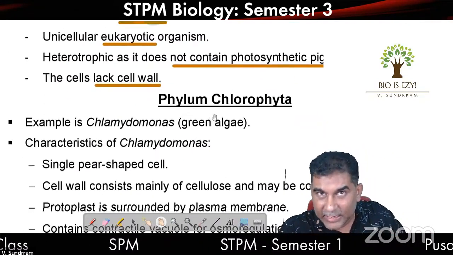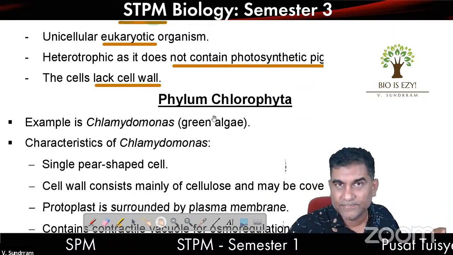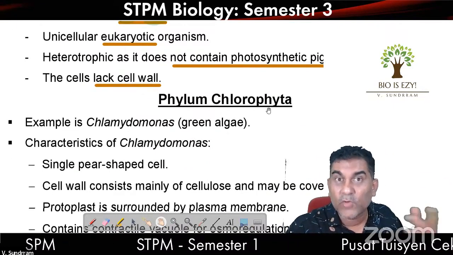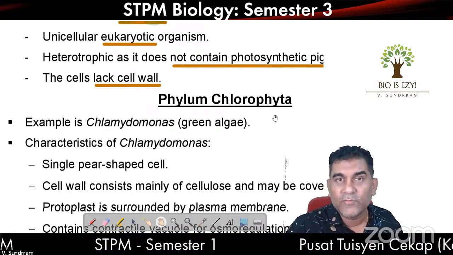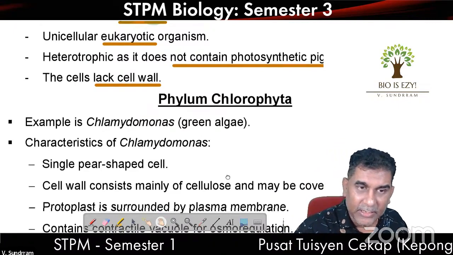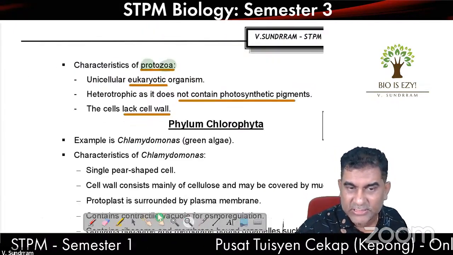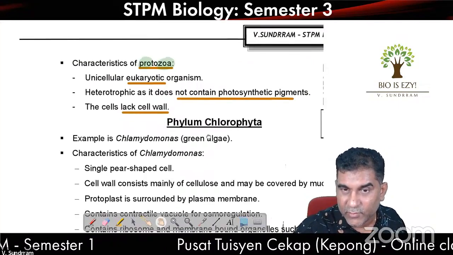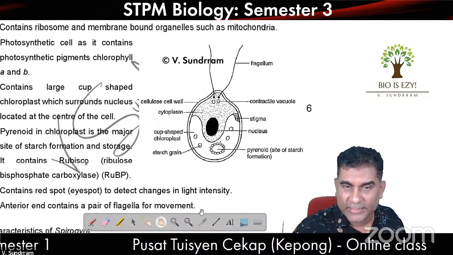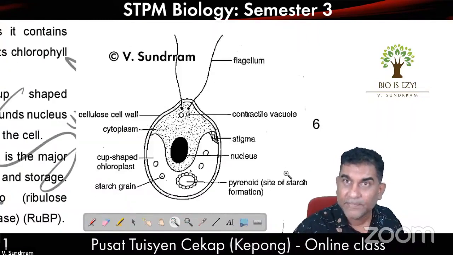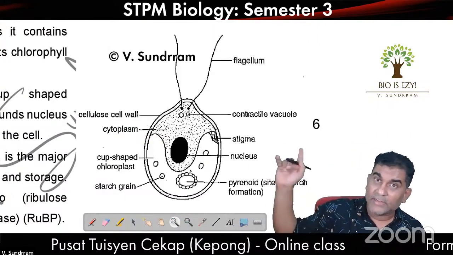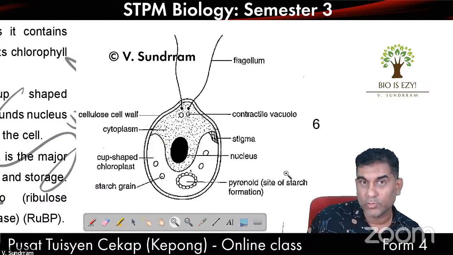The phylum is under the kingdom Protoctista. As the name suggests, Chlorophyta, meaning they can do photosynthesis. The easiest way to remember all the information is to draw the diagram, to draw the organism. Everything that you label in this picture is what you need to know.